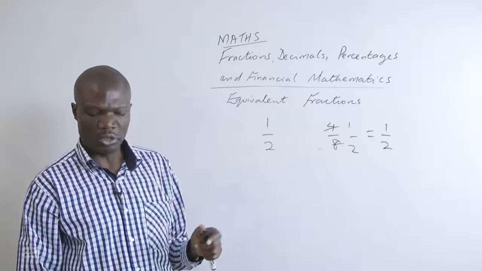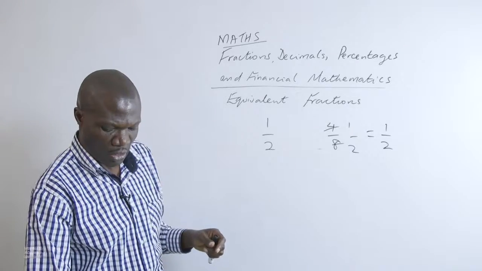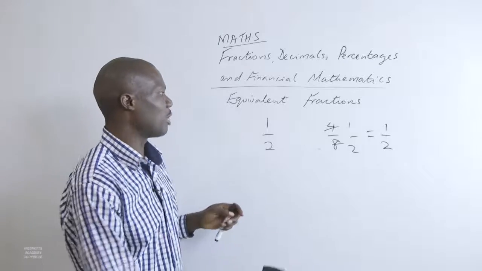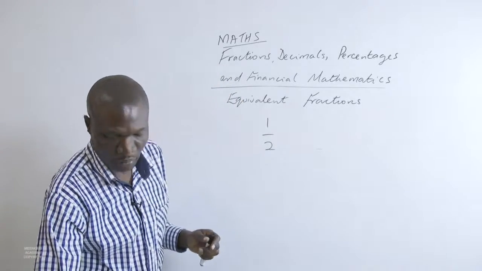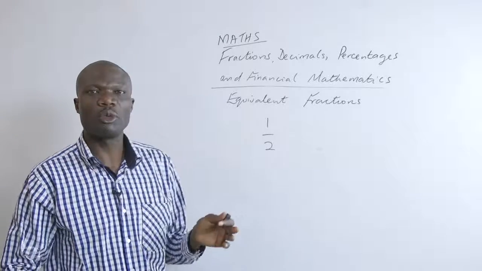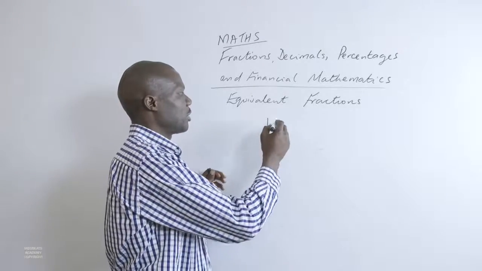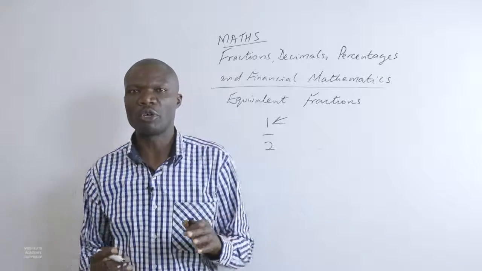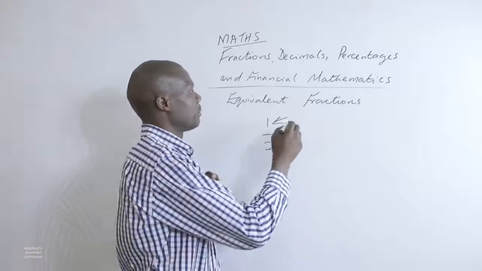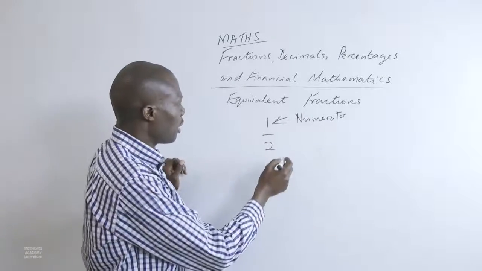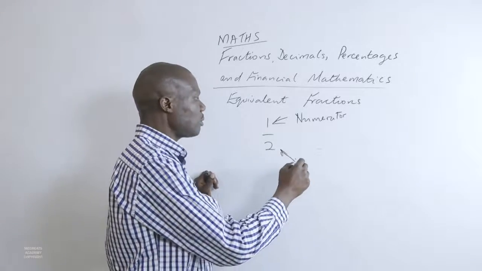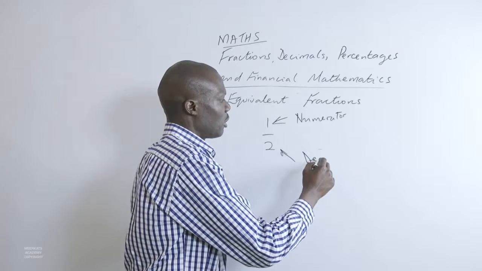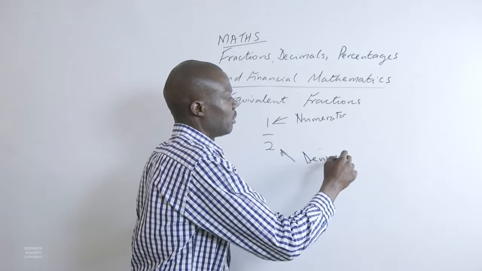Now, let us remind ourselves a few things about the fraction. In a fraction, we have this, which we call the numerator. We also have this, which we call the denominator.